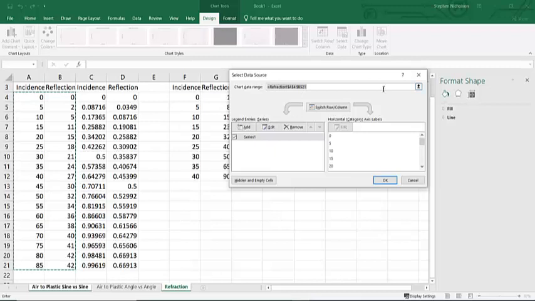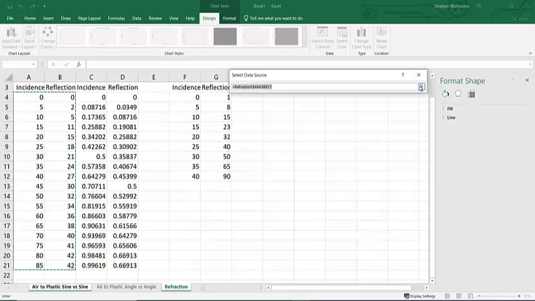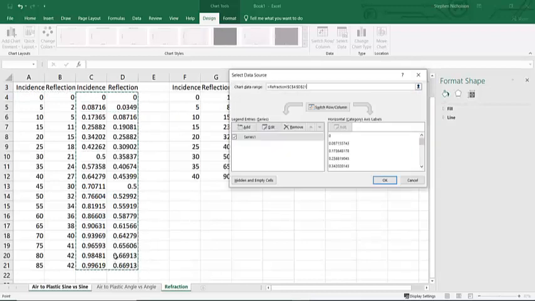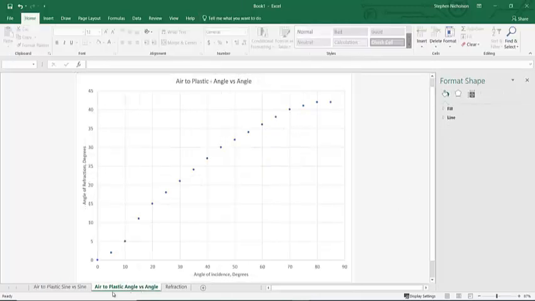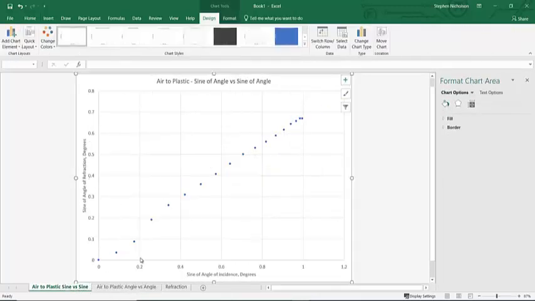What we want to do is click on here and then highlight these cells instead, and then push enter. So now it's C4 through D21, and we say OK, and we get that. So that looks more linear. If we do angle versus angle, or sine versus sine.